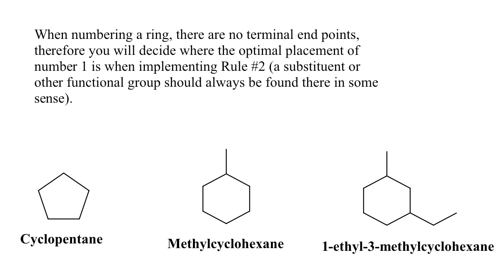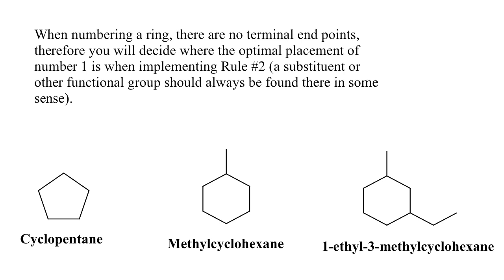It's not 1-methylcyclohexane, it's just methylcyclohexane. The reason is that there's an implied 1 that's already there. If there's only one substituent on a ring, there's no need to number it because it's inherently going to be the number 1 position. So we don't really need to state that.